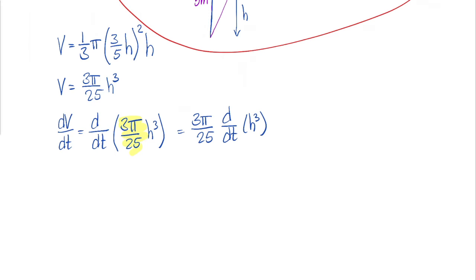We'll differentiate h cubed using the chain rule. And so the derivative of the outside function is going to be 3h squared, and the derivative of the inside function is going to be dh/dt. This can be cleaned up a little bit and written as 9 pi over 25 times h squared times dh/dt.